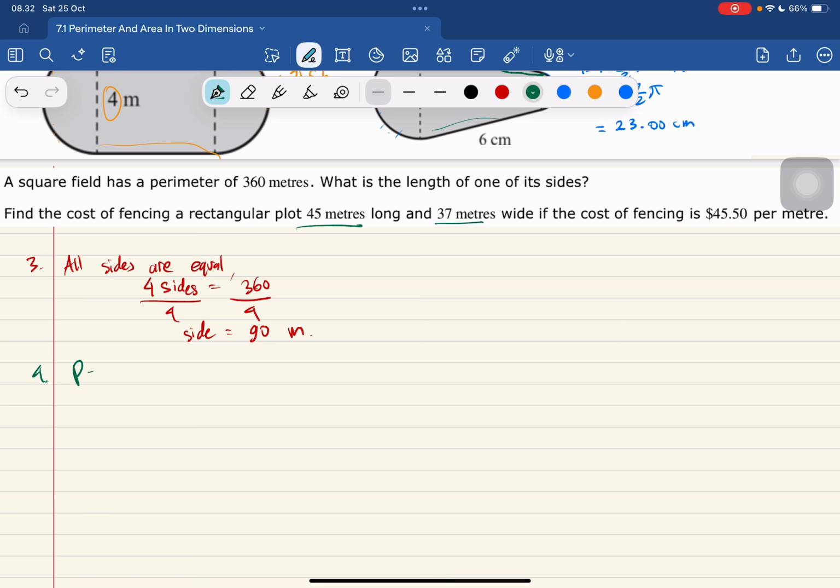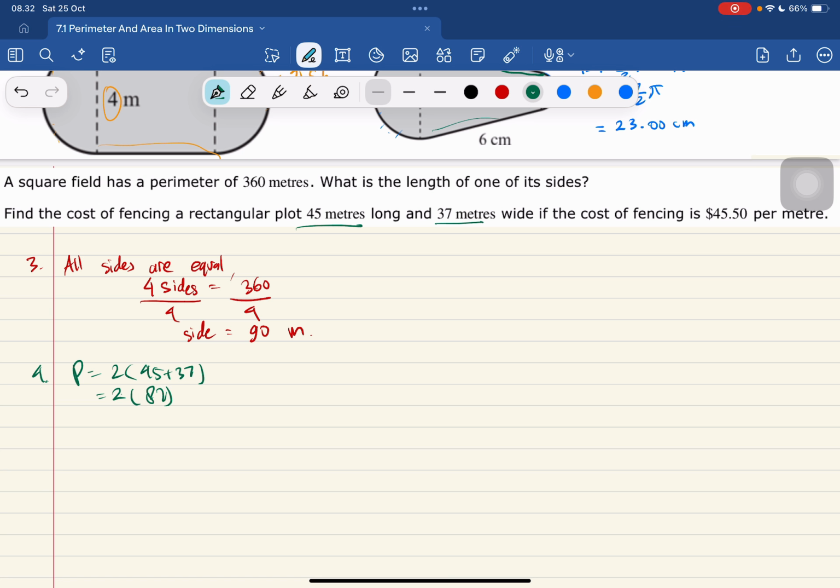So the perimeter is 2 times 45 plus 37. 45 plus 37 is going to be 82.